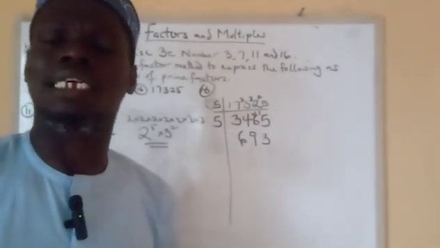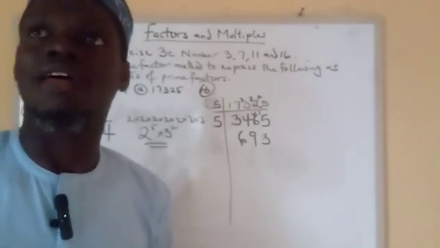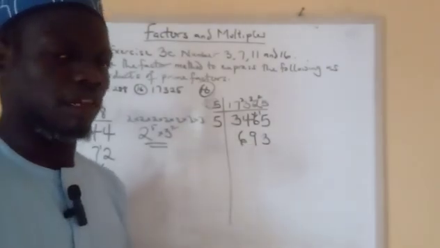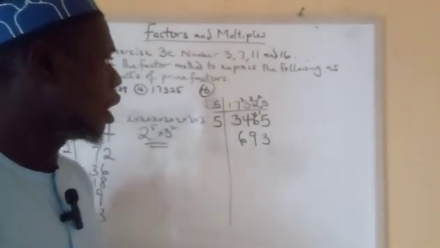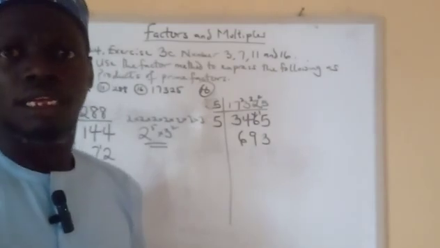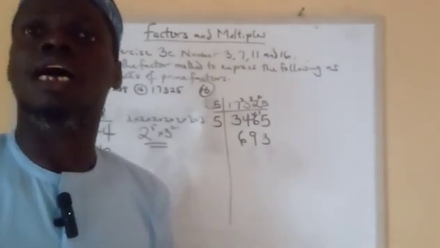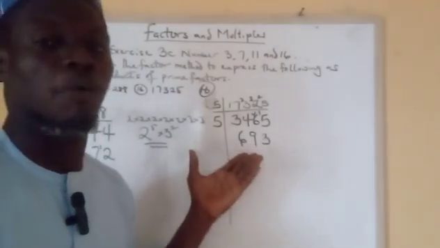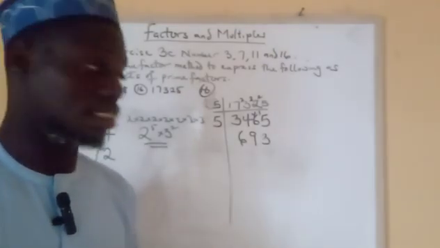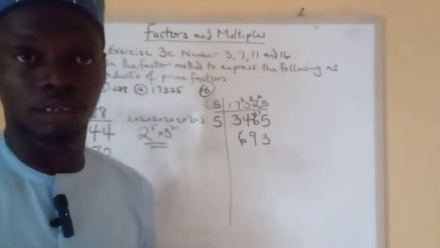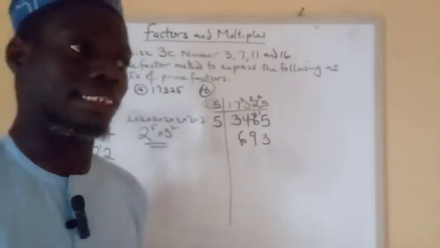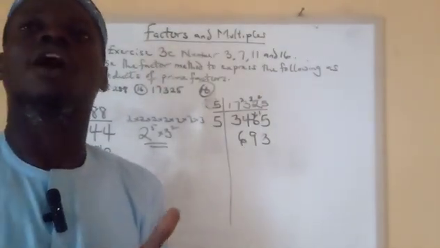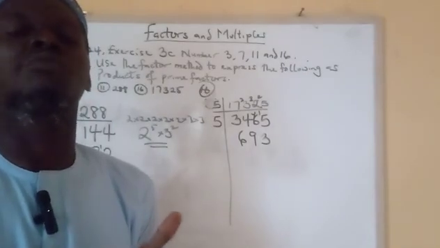So how do we identify another number that is a factor of this? When you look at this number very well, there is the rule of 3. 3 divides this big number, 693, because the rule of 3 says that the sum of the digits must give a number that is divisible by 3.